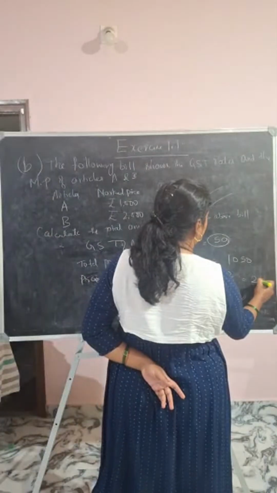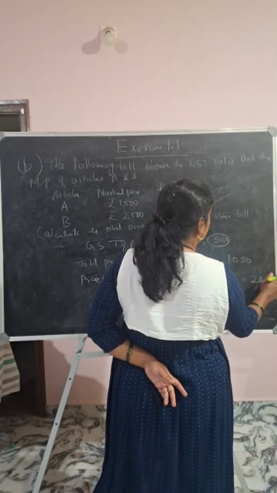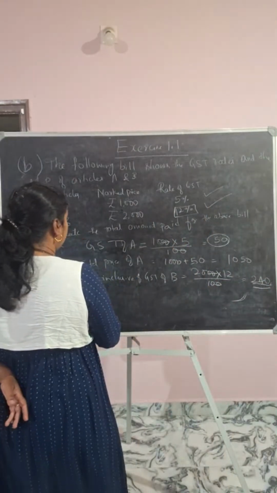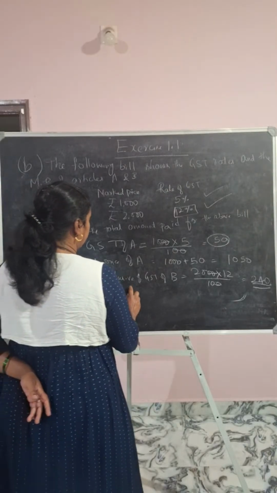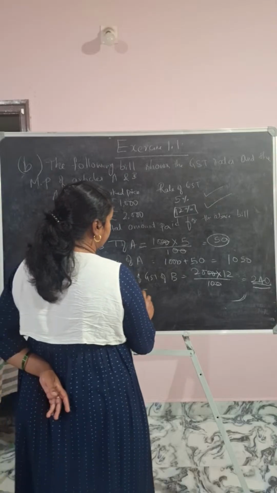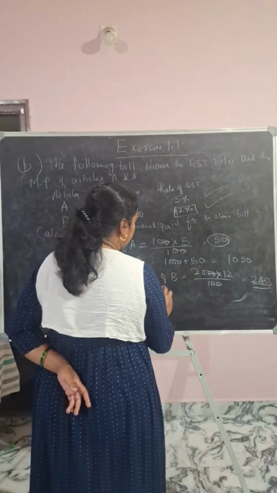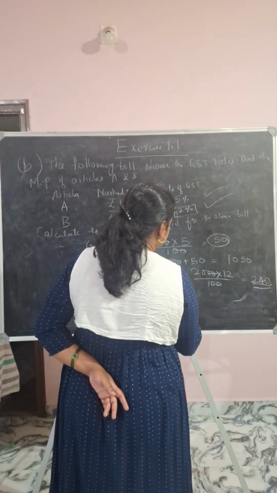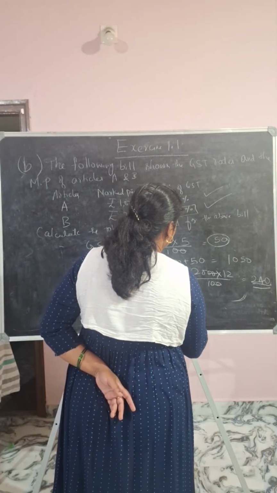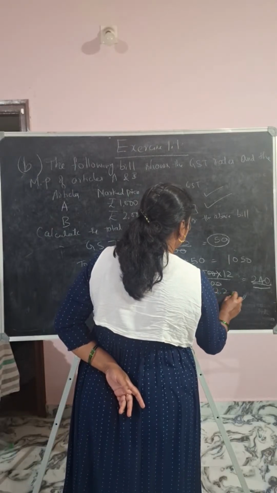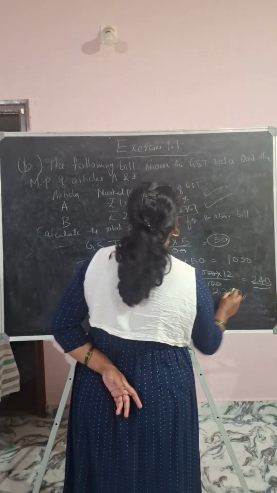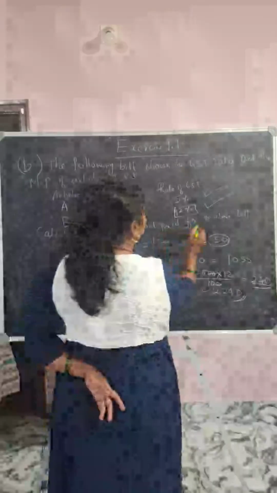So 240 is the GST amount. So total price of article B is equal to 2000 plus 240, which is equal to 2240.